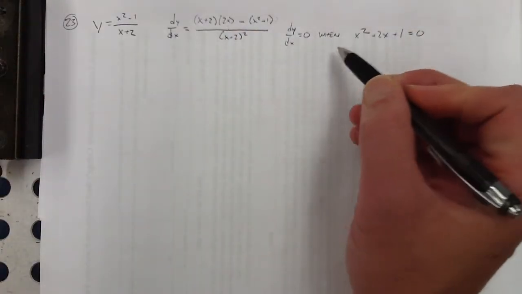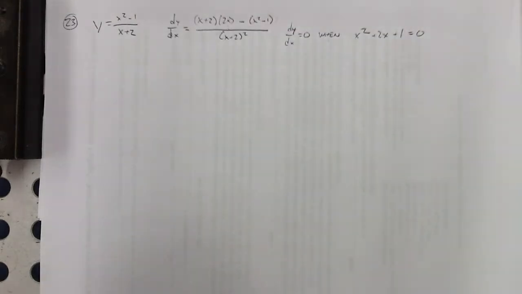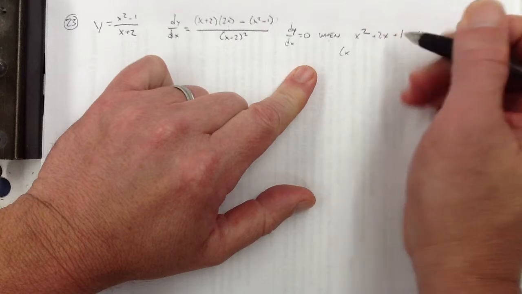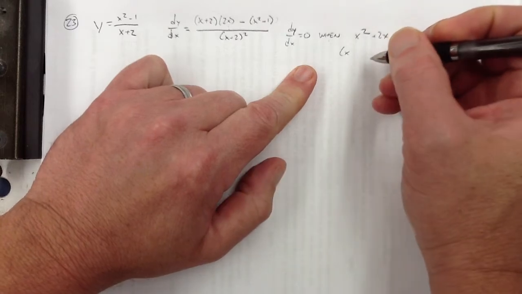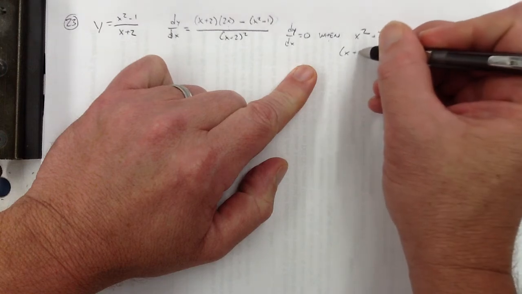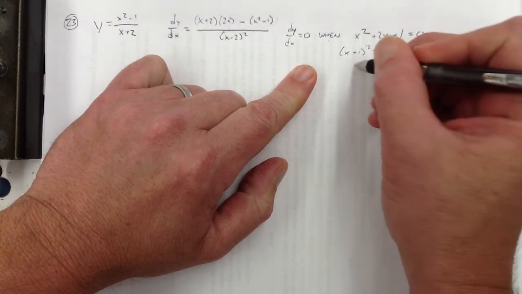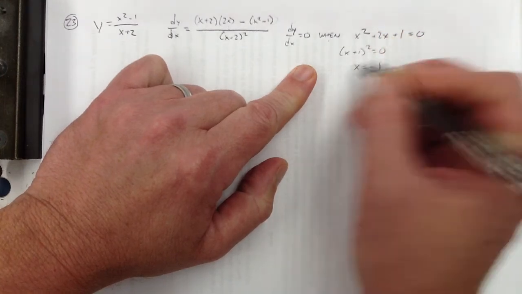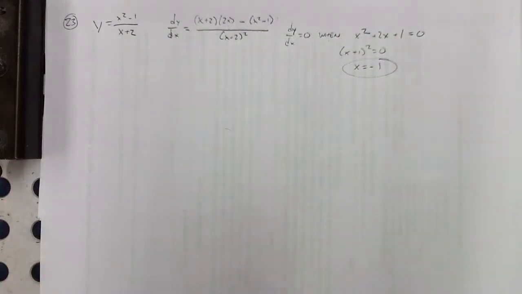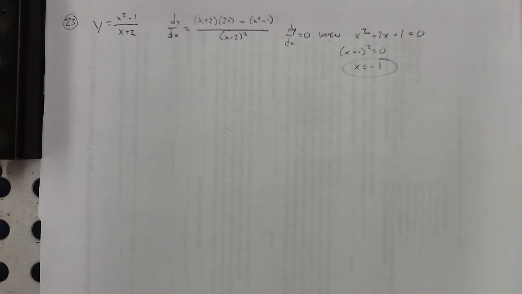So dy/dx is equal to 0 when the top of this is equal to 0. And hey, that looks like a game that I know how to play. So dy/dx is equal to 0. The slope of the tangent line of this thing is horizontal when x equals negative 1.